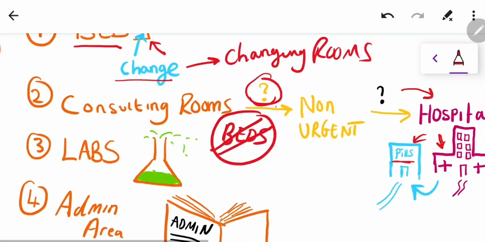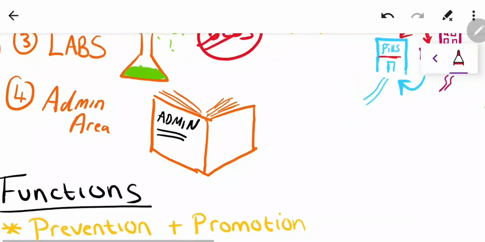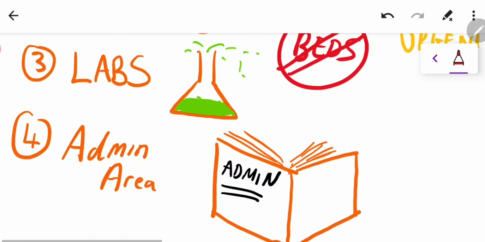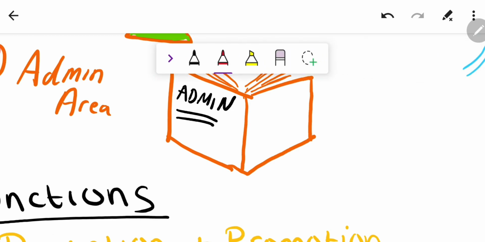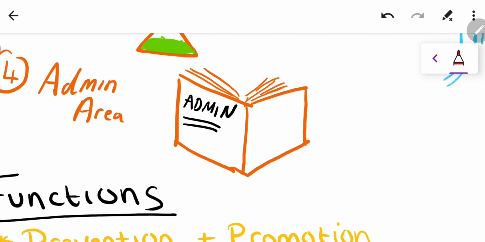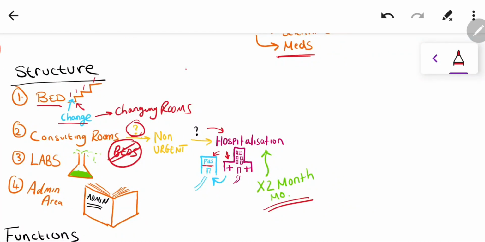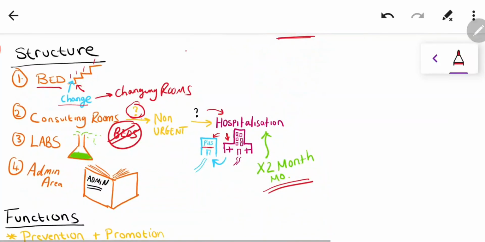So that's another 2 things. Next thing, we need an administrative area. So this is basically for patients just to get registered. So that's most things.